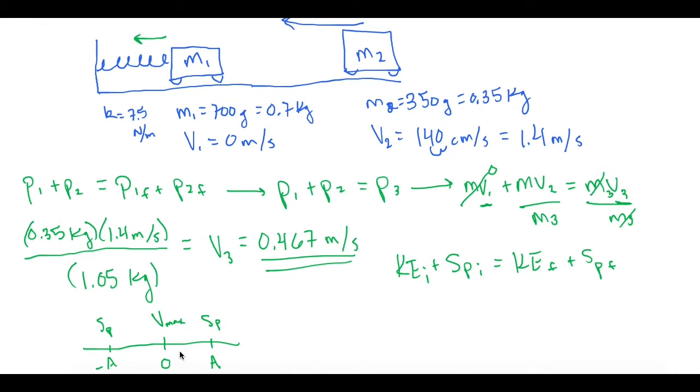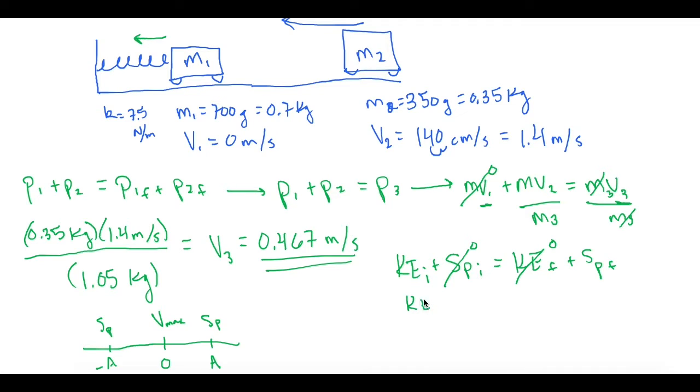Let's say the equilibrium point and the amplitude. So if we start at the equilibrium point, that means our spring potential energy is 0, and then it'll oscillate out to A or negative A, it's the same. And that means we'll only have spring potential energy, so our kinetic energy is 0.